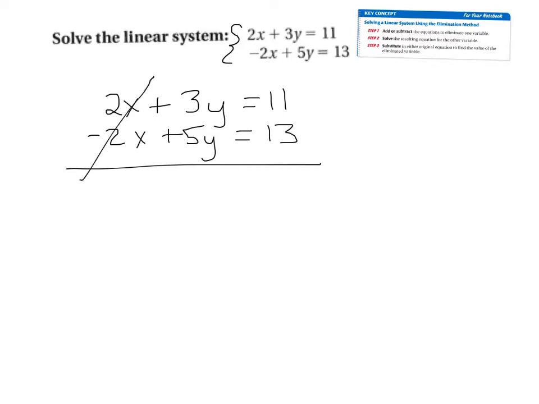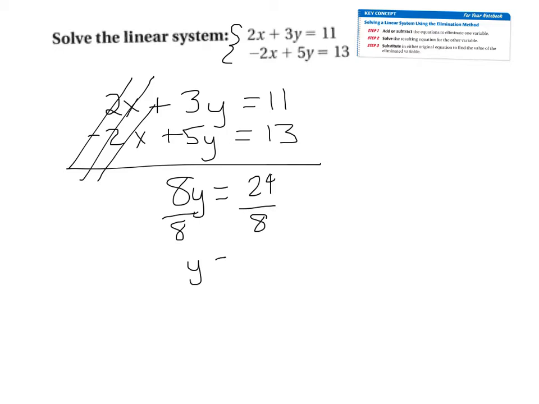These will add to 0, these will add to 8y, and these will add to 24. So you can see that y, when solving, will be worth only 3.